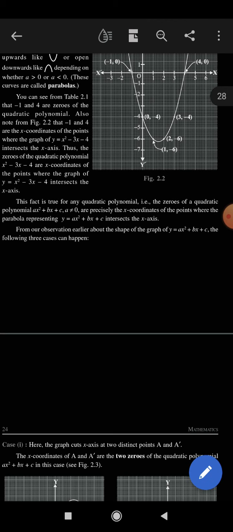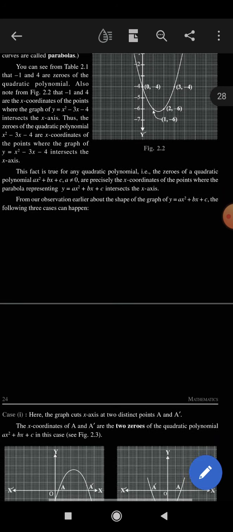The zeros of a quadratic polynomial ax square plus bx plus c, where a does not equal 0, are precisely the x coordinates of the points where the parabola representing y is equal to ax square plus bx plus c intersects the x-axis.